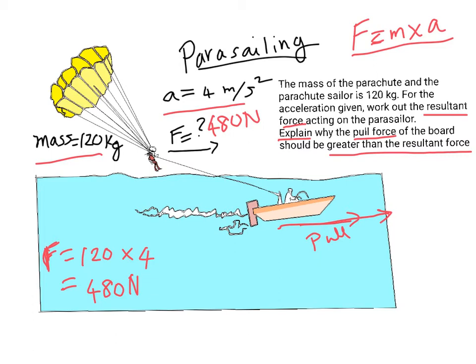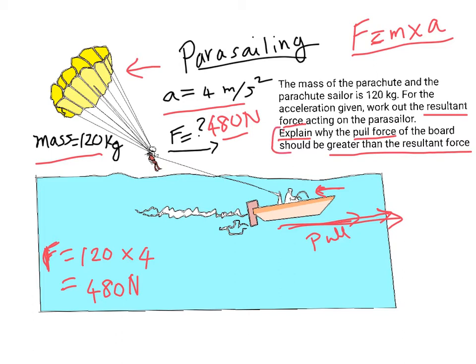So that means the pull force should be greater than 480 because you have the air resistance to compensate. So you have some air resistance on the person, air resistance on the boat as well. So if you combine these two together, there is air resistance acting against the pull force, so the pull of the boat should be greater than the air resistance. That's what you should write as an explanation for this.